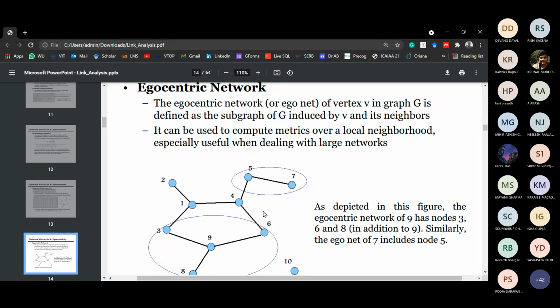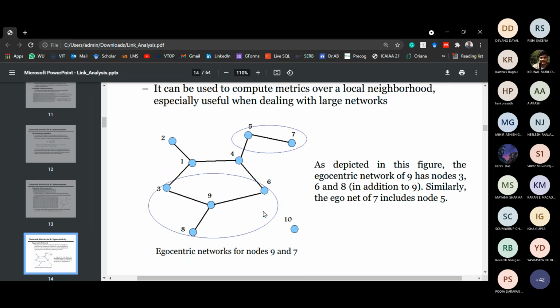That is called an egocentric network. If you consider here, we can have some subgraphs. You see here, 9 can be identified as a node which has 3, 6, and 9. This can be identified as a subgraph. If we take over here, even 5 and 7 is a subgraph. So we can find the egocentric value of the nodes.